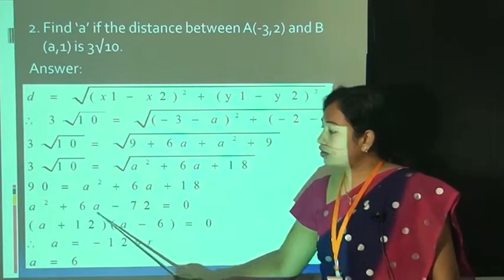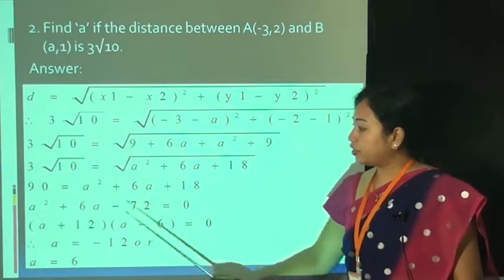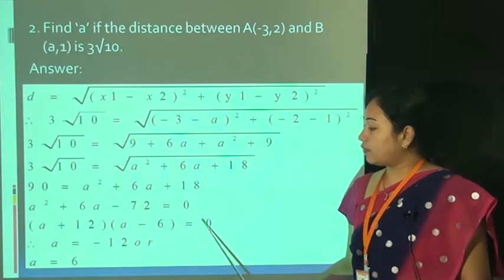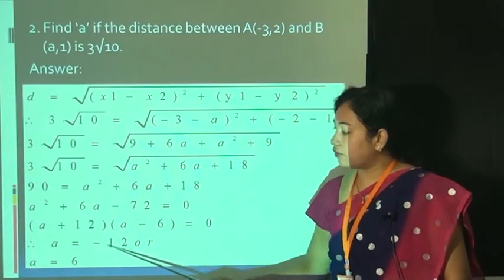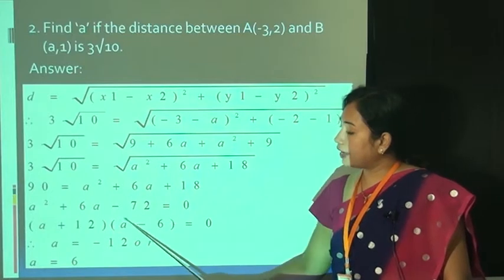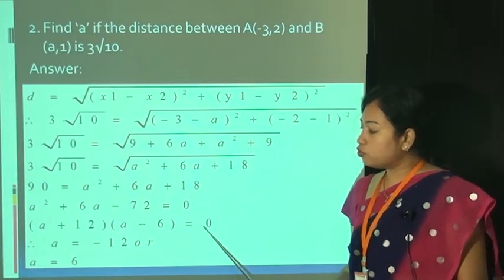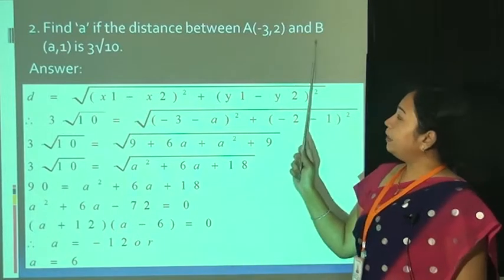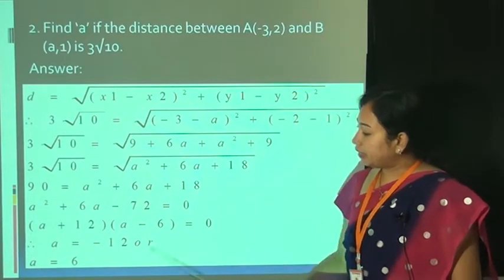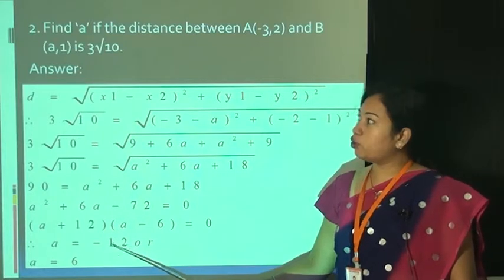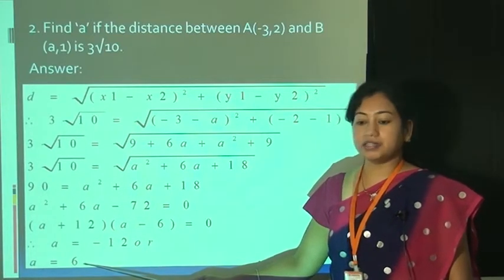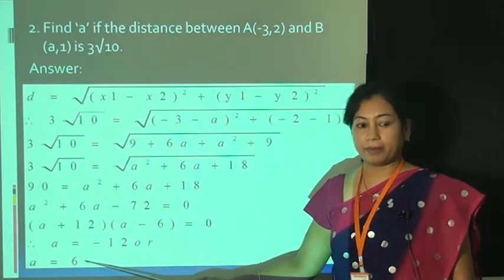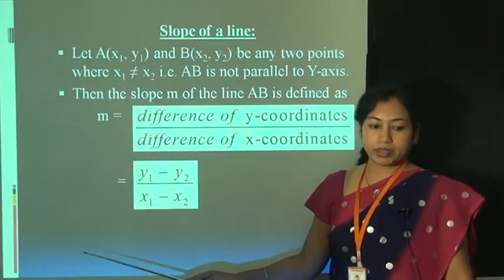So take the first bracket equal to 0: a + 12 is equal to 0, so a is equal to -12, and the second one, a - 6 is equal to 0, so we get a is equal to 6. That means point B on the x axis will be at a distance of either -12 or 6. Okay, now let's move ahead.